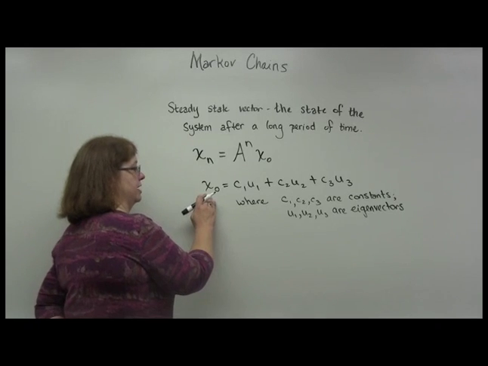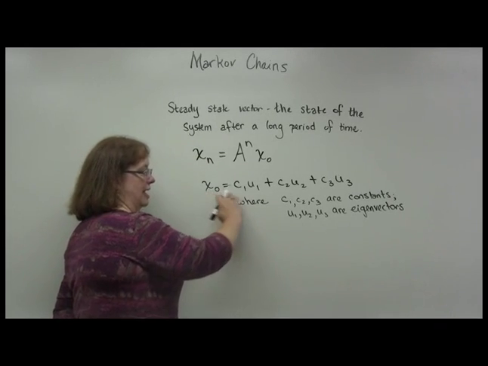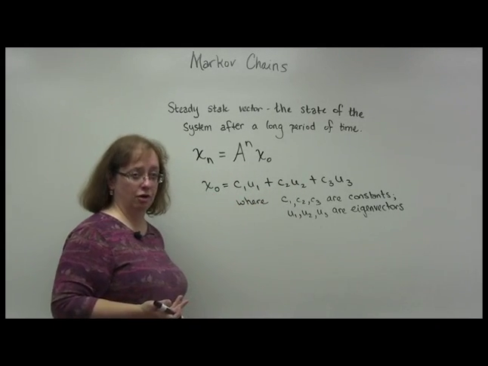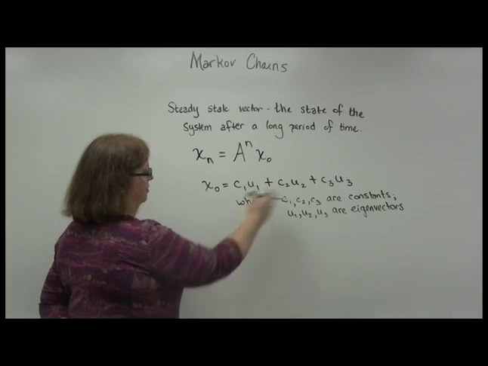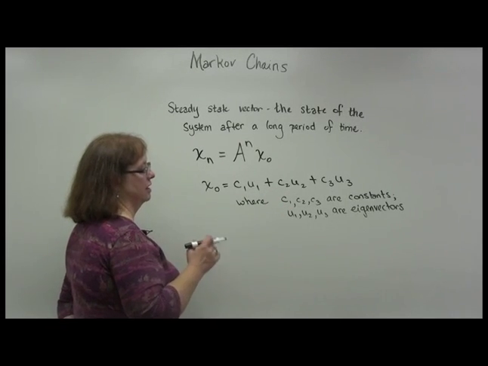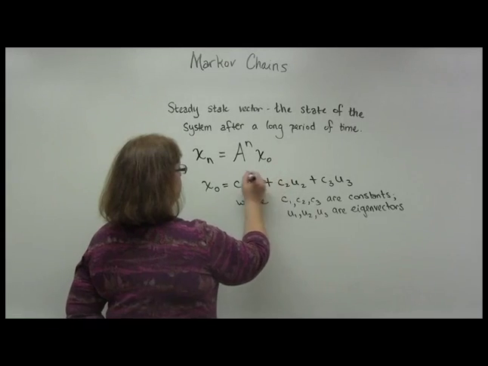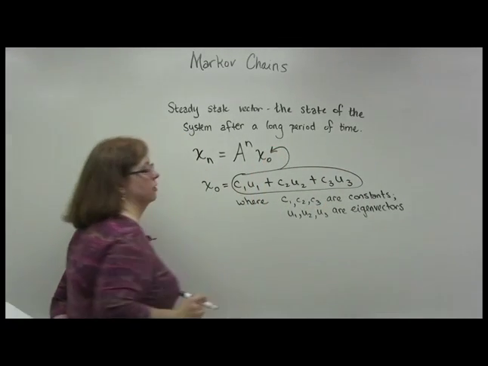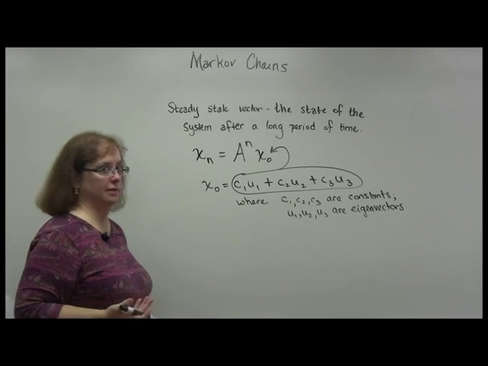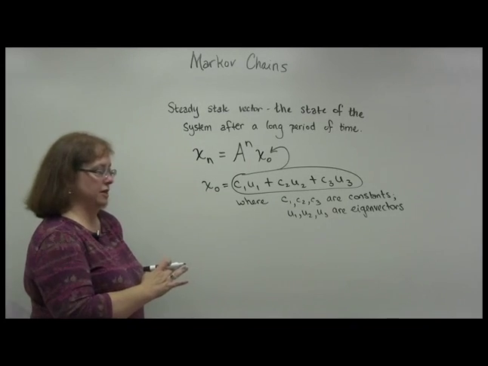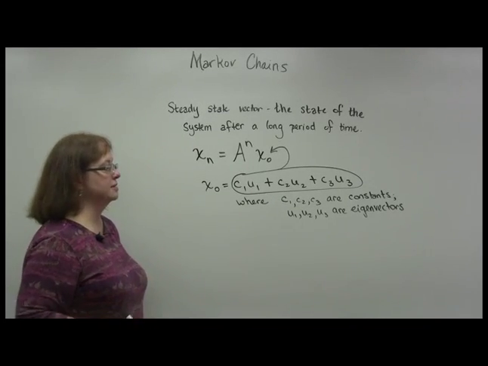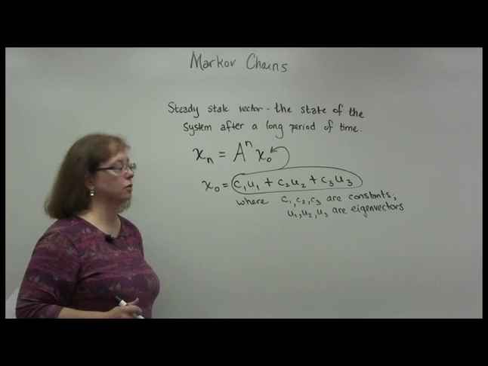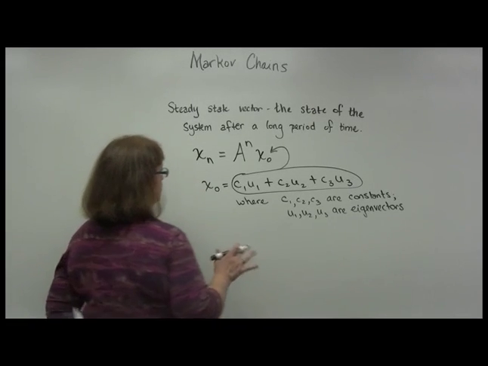If I can write that initial state vector as a combination, this is called a linear combination of the eigenvectors, then I can actually substitute this here into that equation. Now that might seem like it's going to make it look worse, and it will initially, but then if you look at some substitutions we can make, it's going to be really cool. It'll get us into a good position.